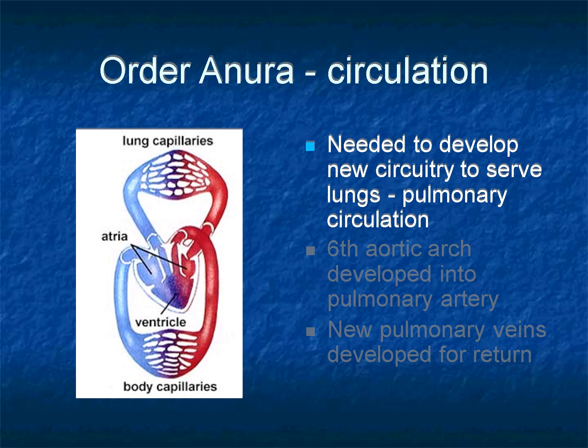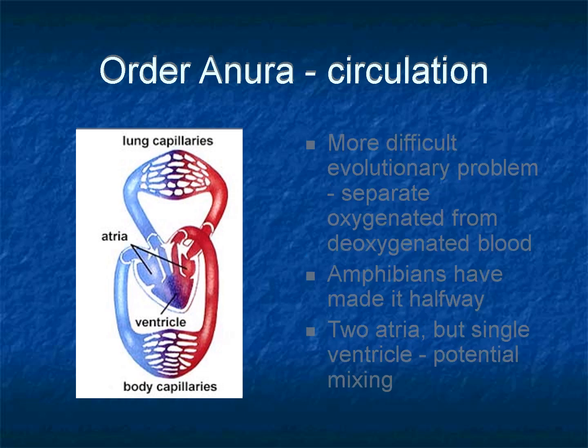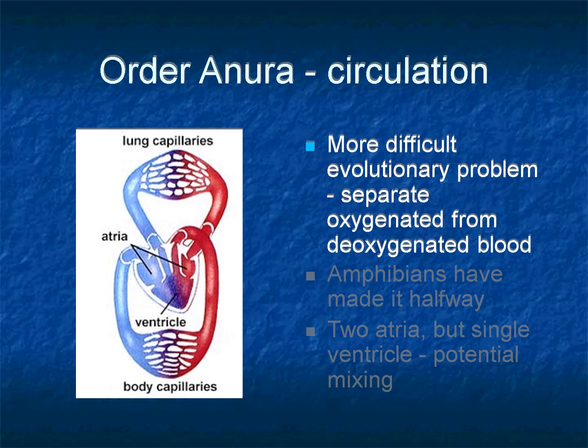To serve the lungs, the sixth aortic arch developed into the pulmonary artery, whereas to serve the heart, a new pulmonary vein developed, which brings oxygenated blood to the heart. Now the second evolutionary challenge was a bit tough. It included the separation of pulmonary circulation from body circulation, such that oxygenated blood goes to the body and deoxygenated blood goes to the lungs.